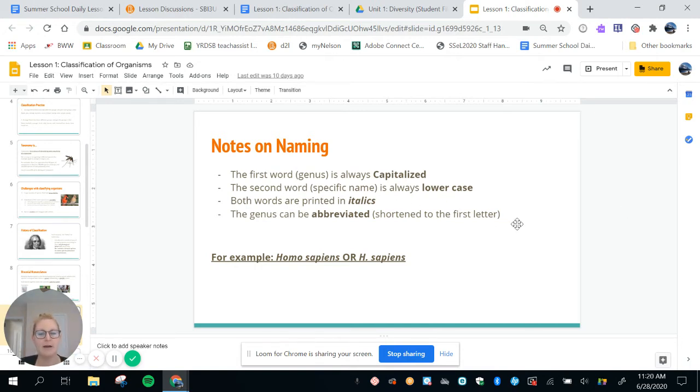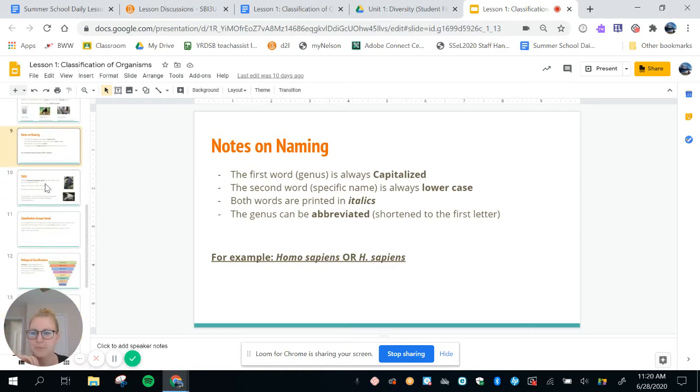And the last one here, which I find we use a lot, is the abbreviation or short form. If I'm talking about Homo sapiens, humans, sometimes you'll see it in articles or in the textbook in short form: H, with a little period, and then sapiens. So it refers to Homo sapiens, just a little bit shorter.